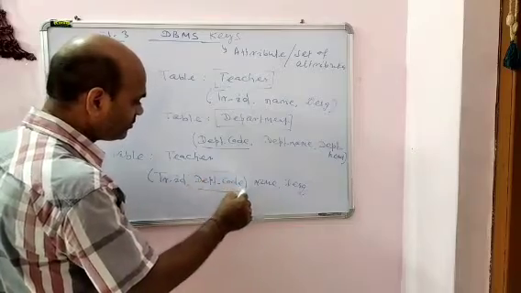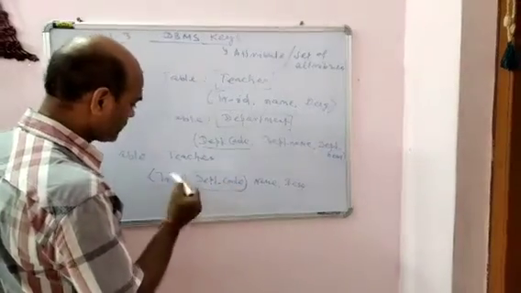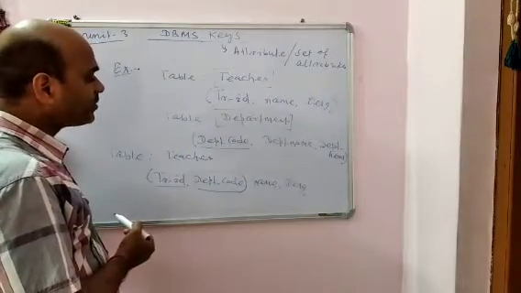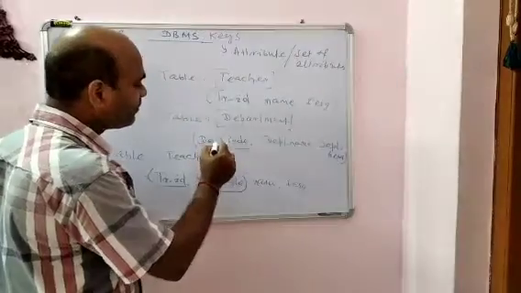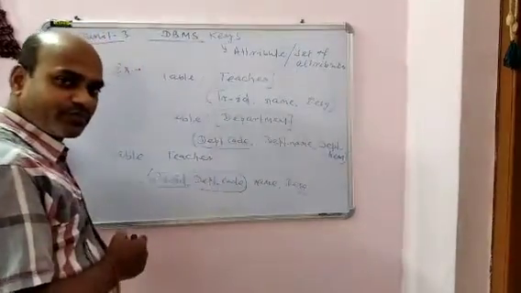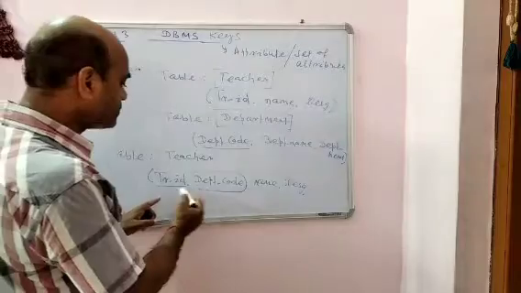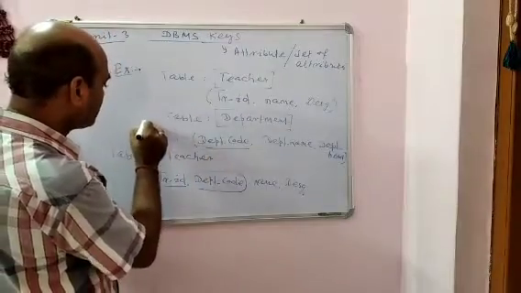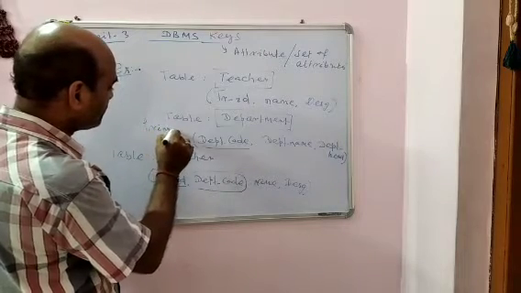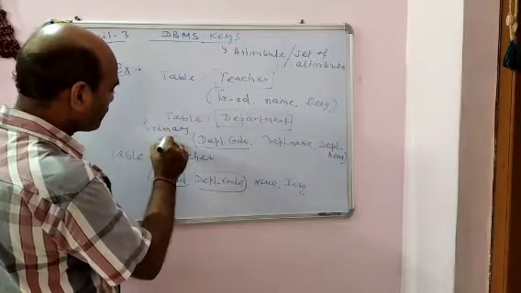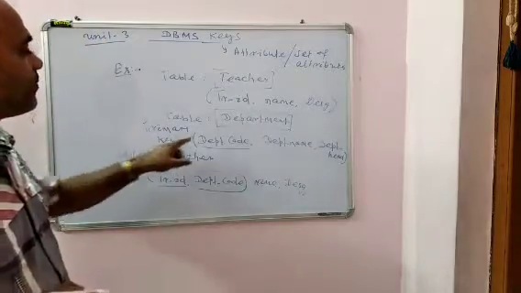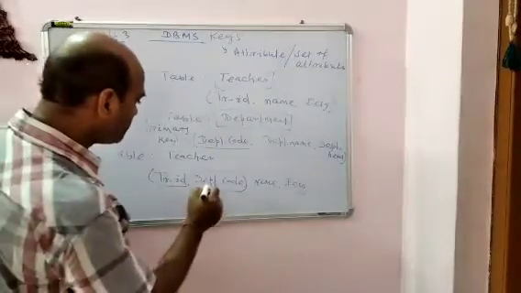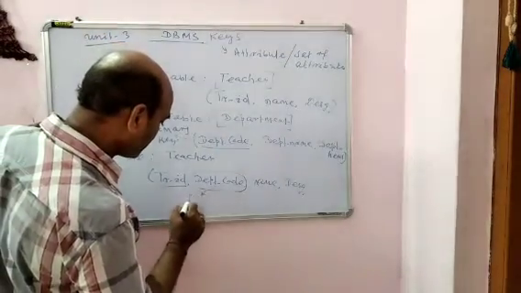In the department table, department code is the primary key, because department code can never be duplicated. So this is the primary key of the department table, but here in the teacher table, department code is the foreign key.